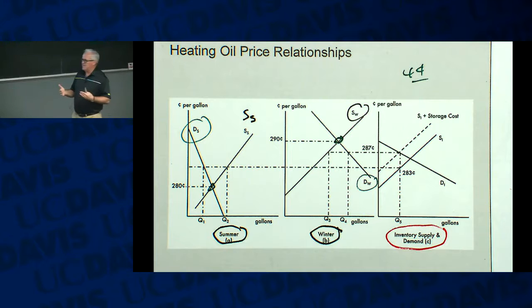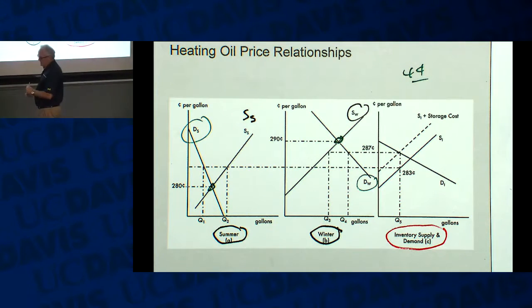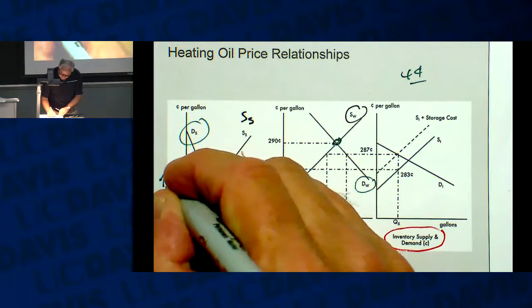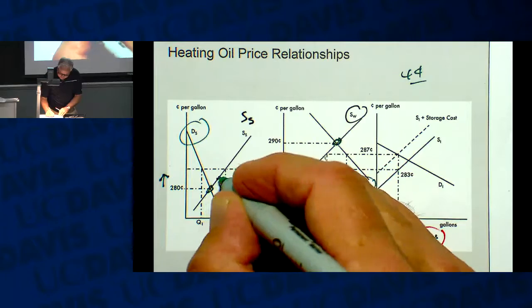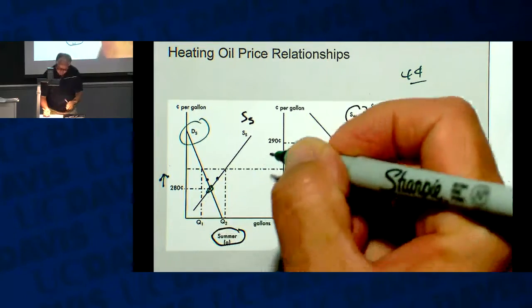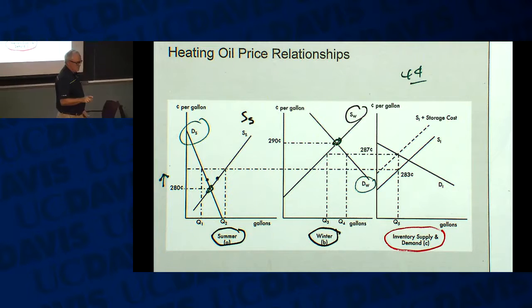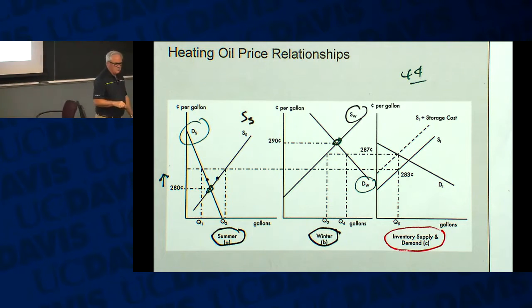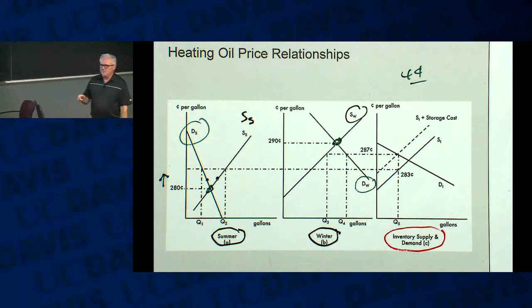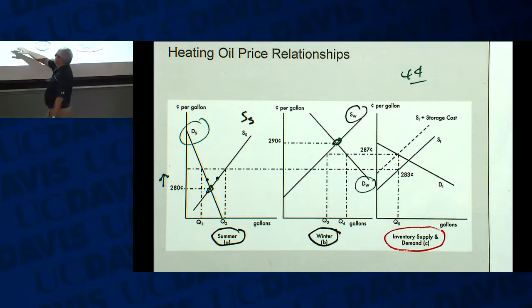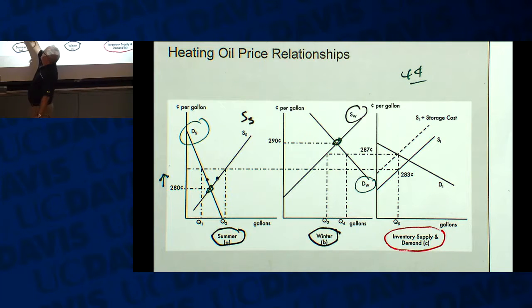However, if the price in the summer is bid above $2.80, then supply is going to exceed demand. There's going to be more heating oil produced. So those guys turning the dials at the oil refineries are going to produce a little more heating oil and a little less diesel fuel maybe. And we're going to start moving up this supply curve, and we get to this price.